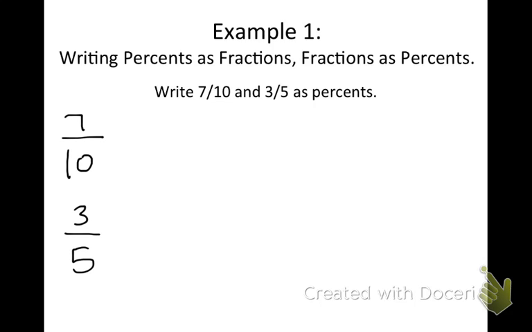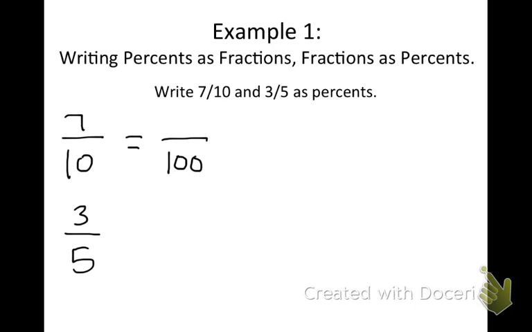Write 7/10ths and 3/5ths as percents. What we're going to do here is multiply the numerator and the denominator by a number that will help us make our denominator 100. So we can think to ourselves, 10 times what number will give us 100?